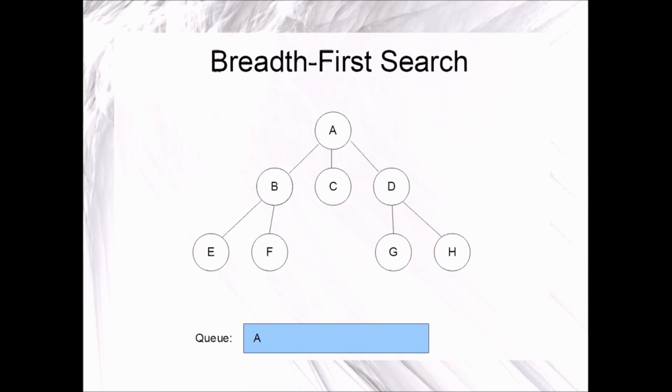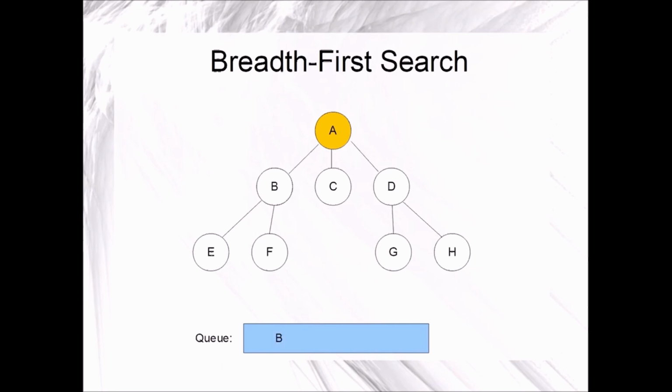Now we'll enter into a series of repetitions which will perform the traversal of the algorithm. While the queue is not empty, and it's not, A is currently in the queue, so dequeue it and mark it. The next step in the repetition is to enqueue all adjacent unmarked vertices.